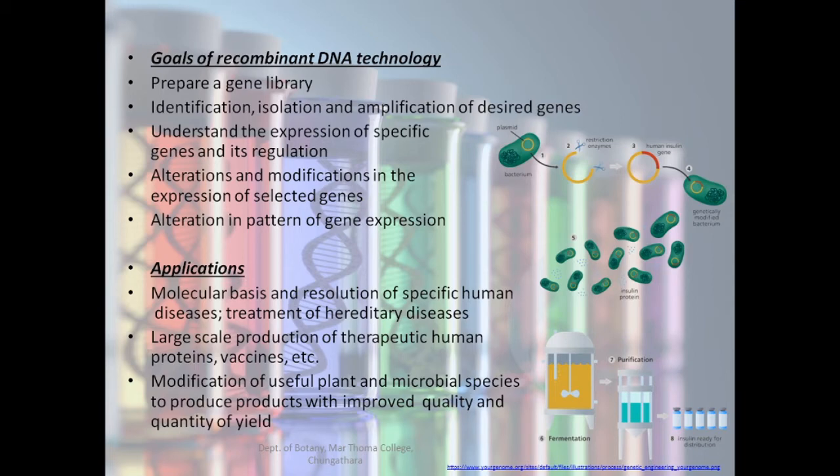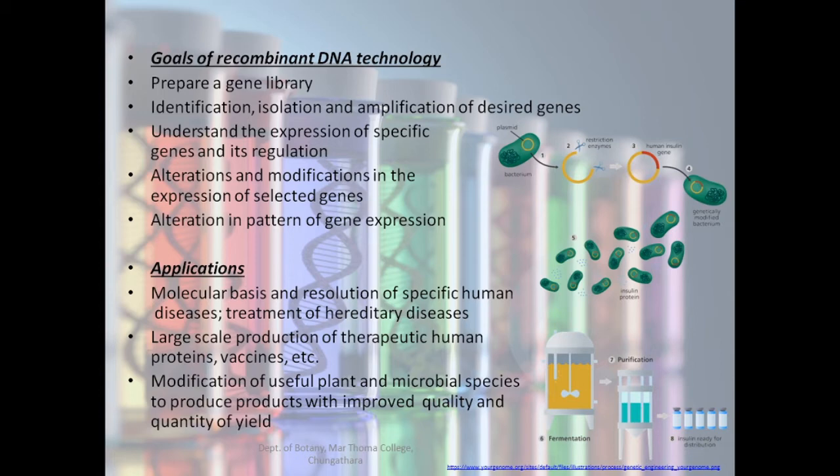Then we can identify, isolate and amplify desired genes. So for a research purpose, if we require a particular gene, we can identify it from the collection and we can isolate and amplify it. This also is a goal of recombinant DNA technology.